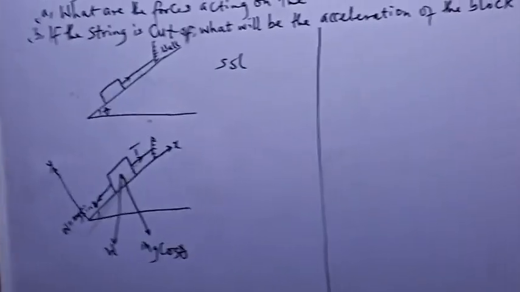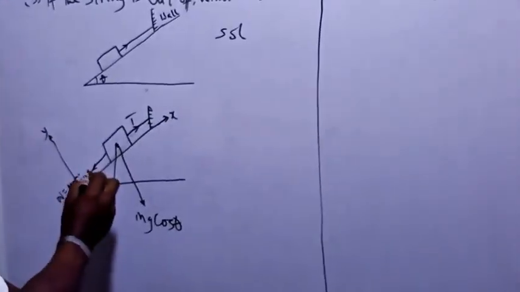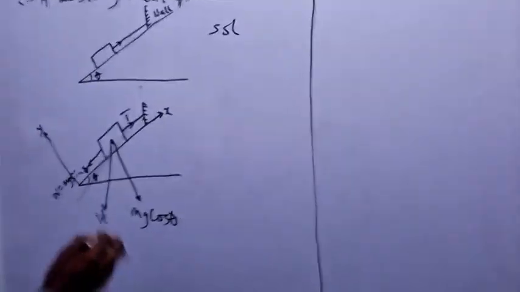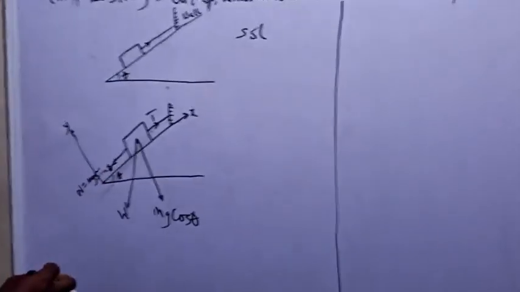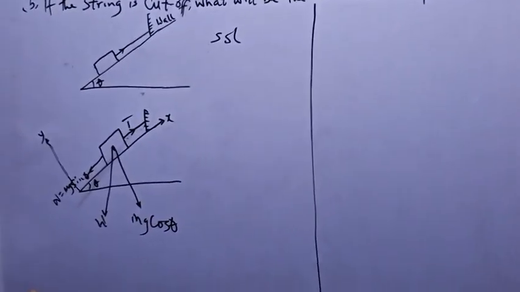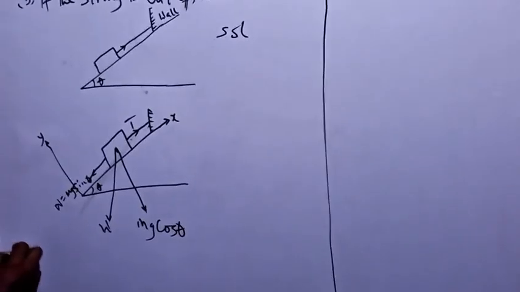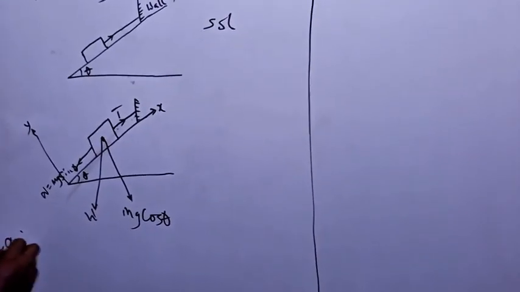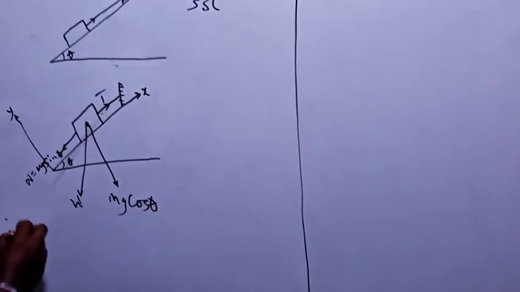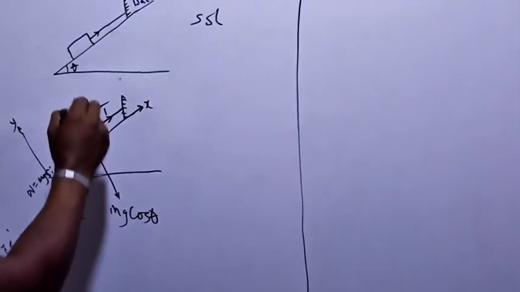Let's resolve the first force, so resolve the forces acting on the body. The first one here, let's say A, the first force is weight. The weight will be coming down.